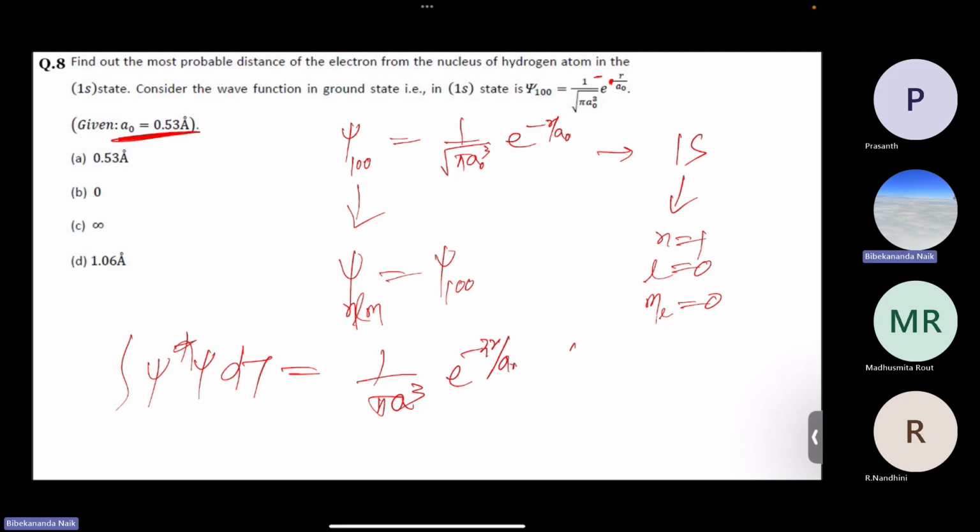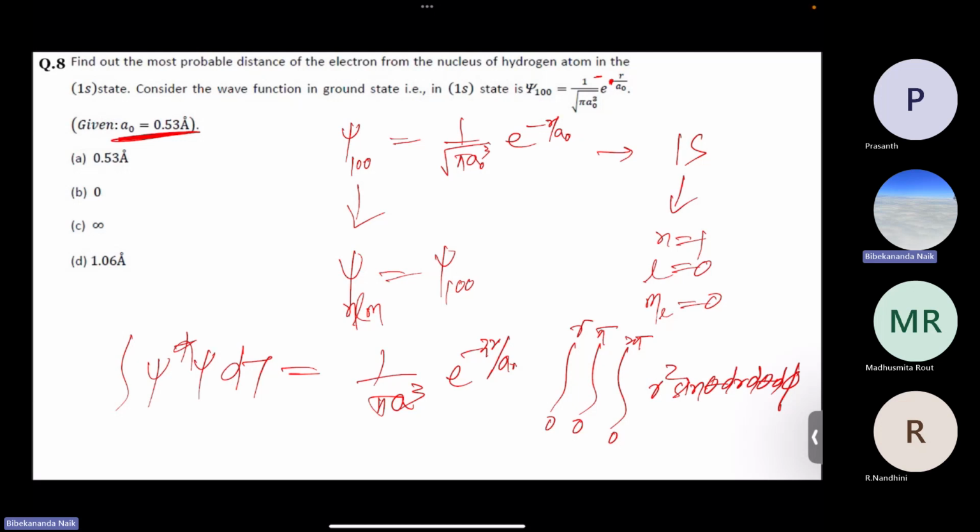Then d tau is an integration; there will be three integrations because there are three coordinates r, theta, phi. The integration of r is from 0 to r, theta is from 0 to pi, and phi is from 0 to 2 pi, and it will be r square sine theta dr d theta d phi.